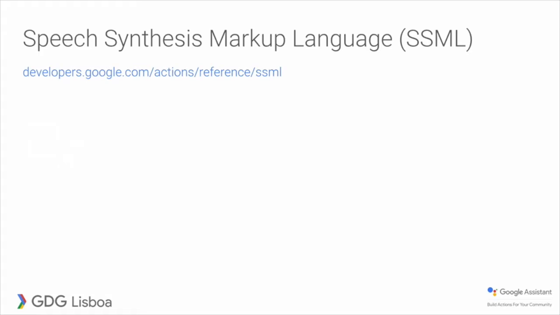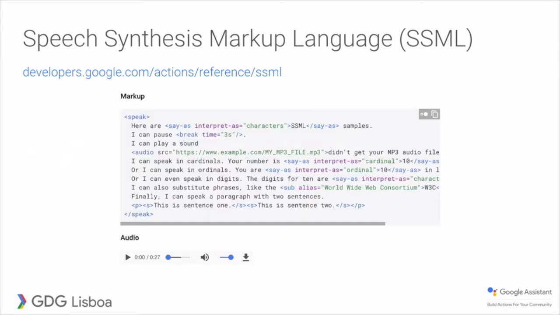So you can also use SSML, that's Speech Synthesis Markup Language, that allows you to write what it's going to speak in a very cool way. So you can say, here are the interpret characters, so it knows it has to read SSML samples, and then you can add a pause for a dramatic effect maybe. So it's like maybe you're waiting for someone to clap, right?